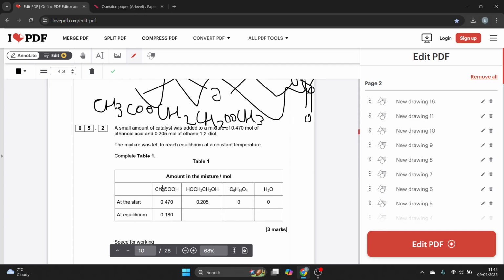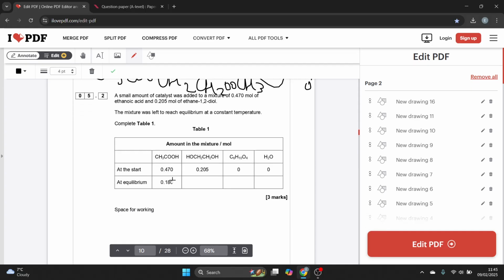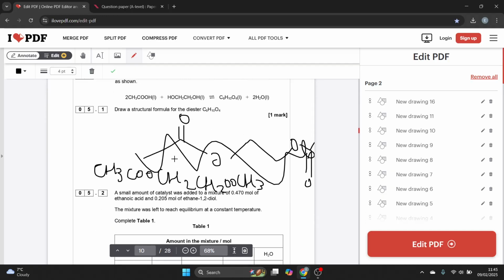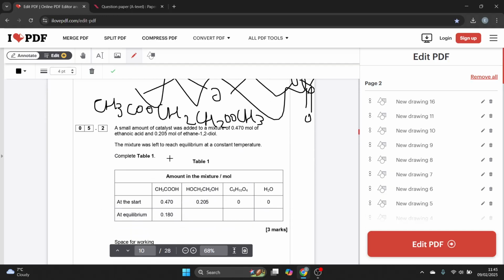And it says complete table 1. So 0.470 minus 0.180, which is 0.29. Oh, now that is really sneaky.